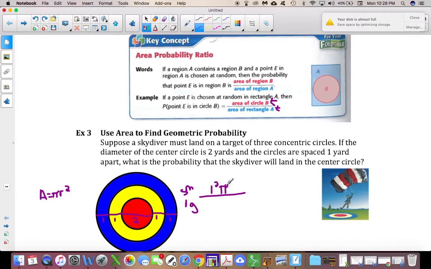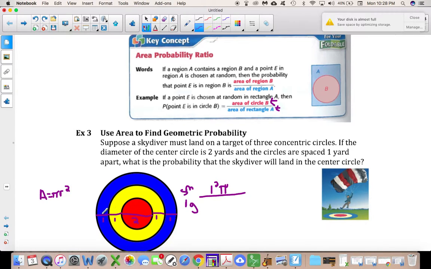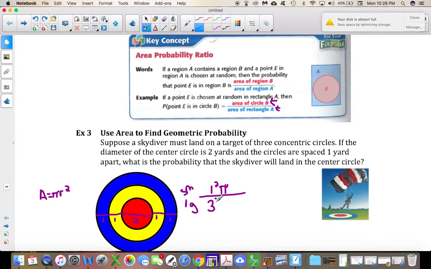Now, the large circle, all the way across here, 1, 1, 1, 1, 1, 1, so the diameter of that circle is 6, which means the radius is 3. So I have 3 squared times pi. So that gives me the area of the small circle over the area of the large circle.